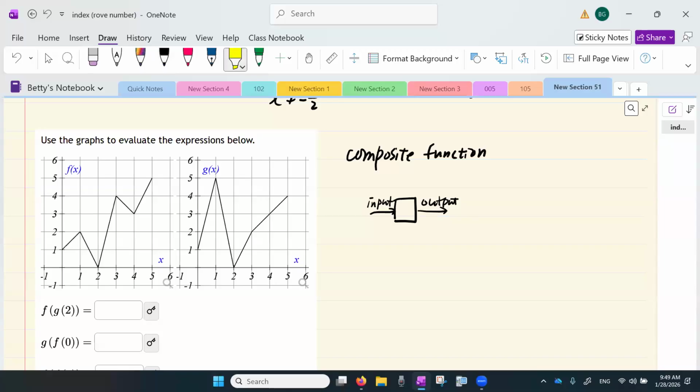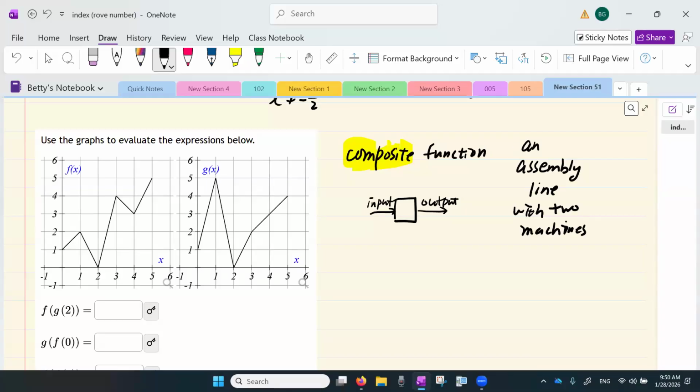Then what is a composite function? Since the composite functions we see in this pre-calc class only involve two functions, a composite function is an assembly line with two machines.